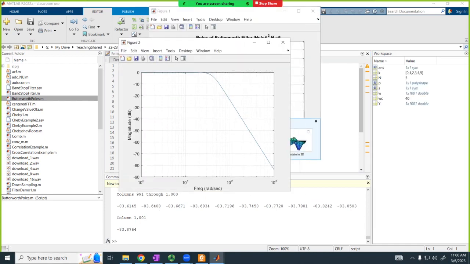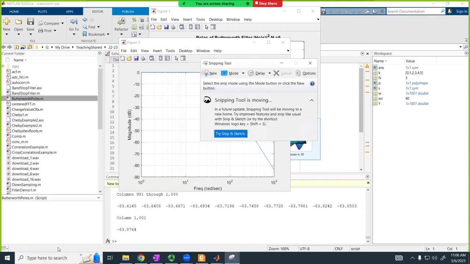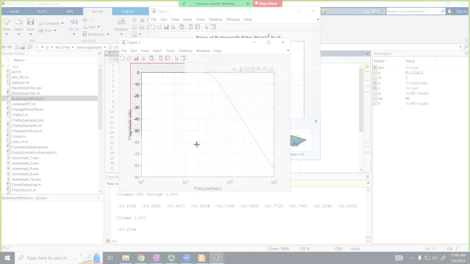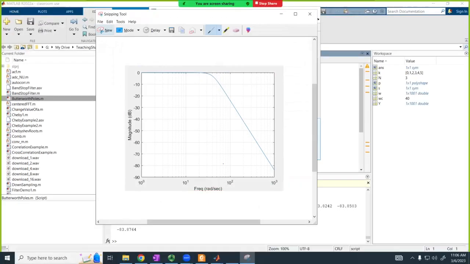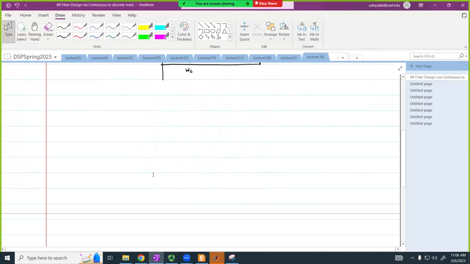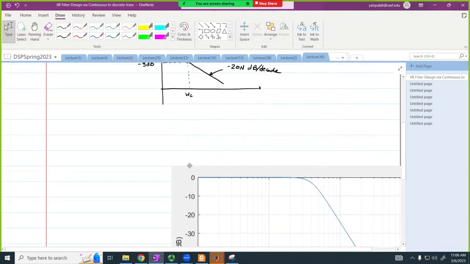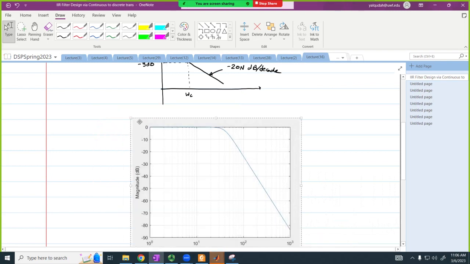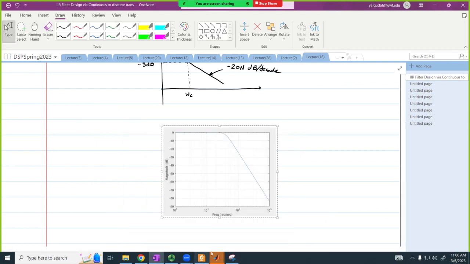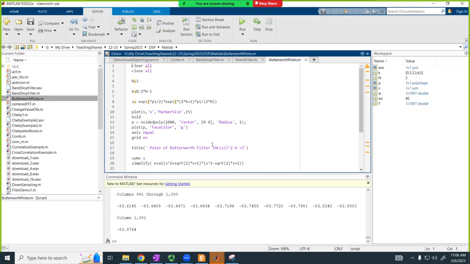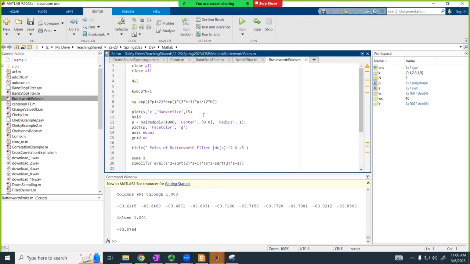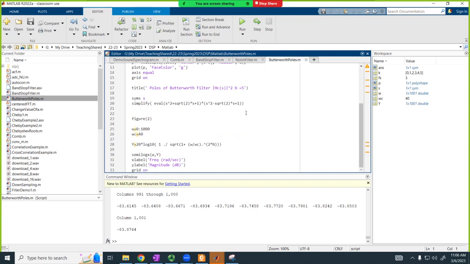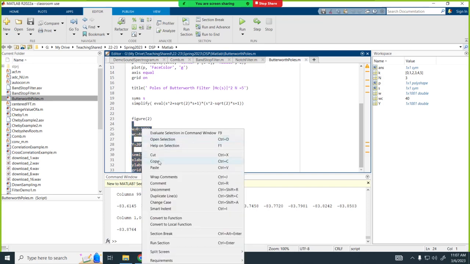So this is the frequency response of the filter, and here is the code.